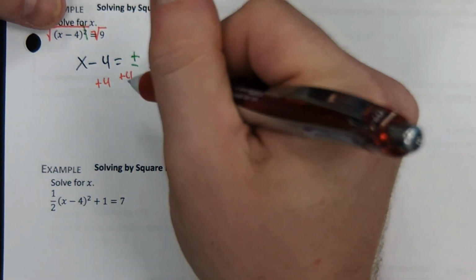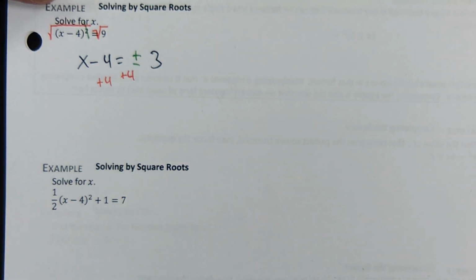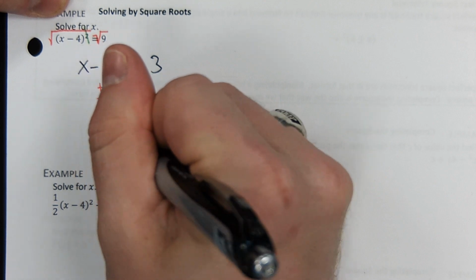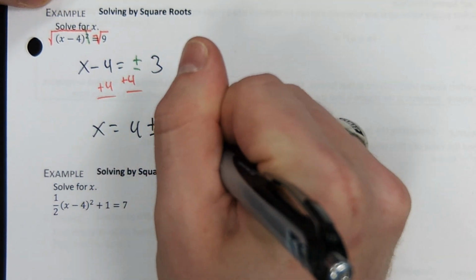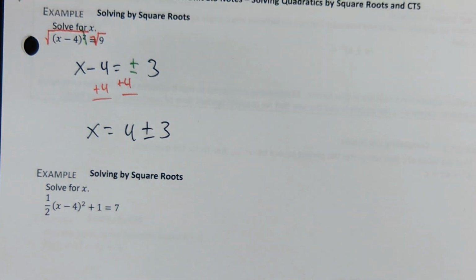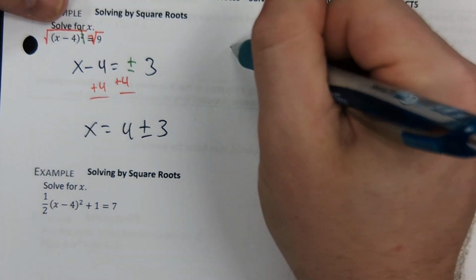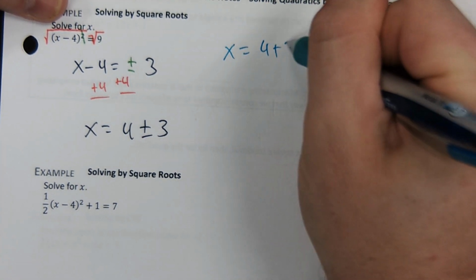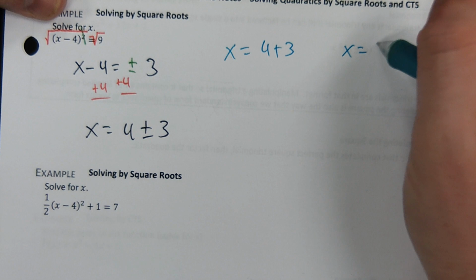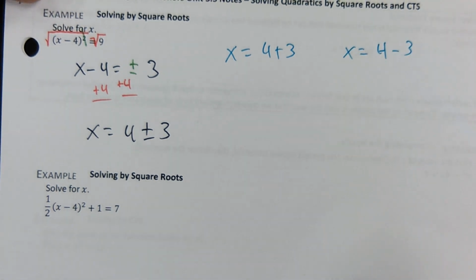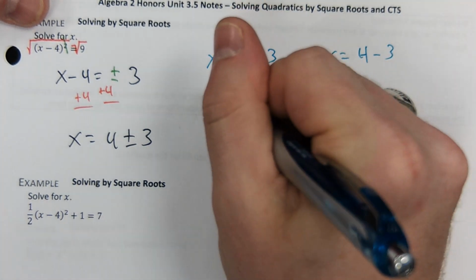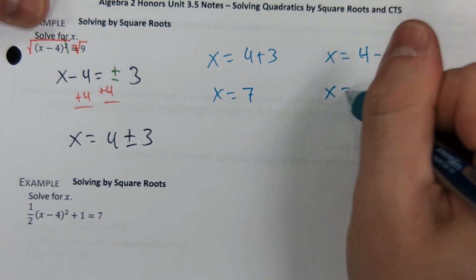Notice I did not add it to the 3. Because what that gives us is x equals 4 plus or minus 3. Literally, x is 4 plus 3 and x is 4 minus 3. So x is 7 and x is 1.